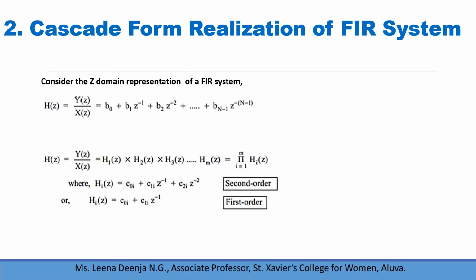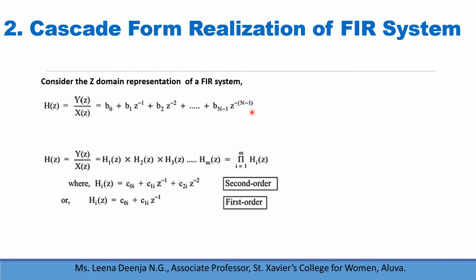Second form of realization is the cascaded form of realization. For this, consider the Z domain representation of the FIR system. We know that H of Z is Y of Z by X of Z, that is equal to b0 plus b1 Z raised to minus 1 plus b2 Z raised to minus 2 plus dash dash b N minus 1 Z raised to minus (N minus 1).